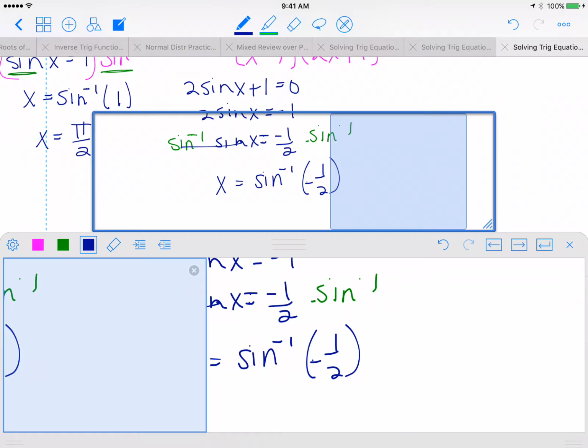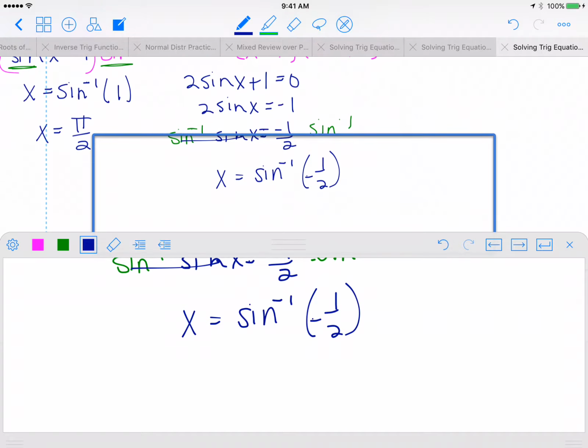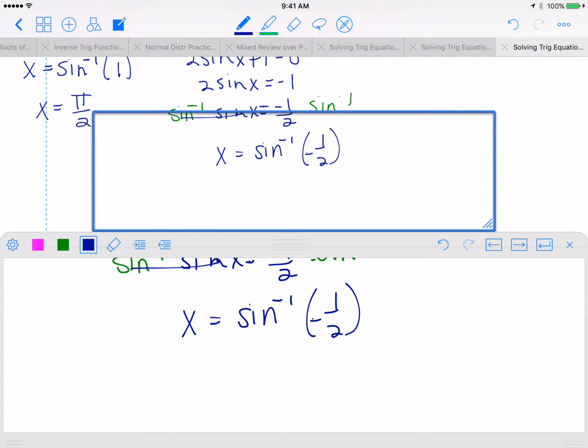Now think to yourself again, when is sine going to be negative? Sine's not going to be negative in quadrants 1 or 2, so we're thinking quadrants 3 and 4. If we're looking at an interval of 0 to 2 pi, we're looking at both of those quadrants.